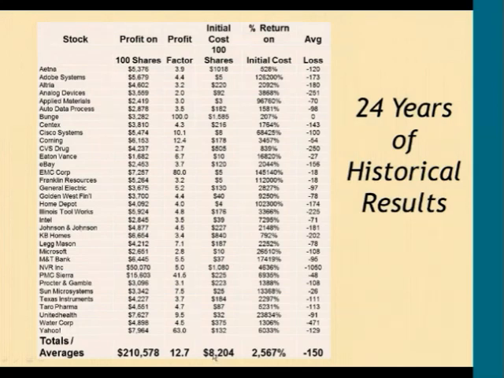So the total cost to purchase 100 shares of these stocks was $8,204, and over that 24-year period, that $8,200 investment produced a $210,000 profit. And the average losing trade was only $150 compared to $210,000 profit.